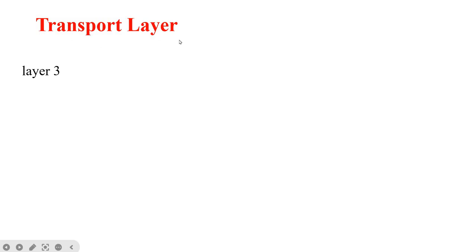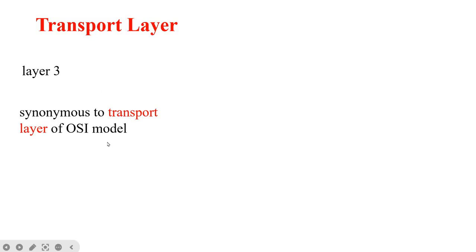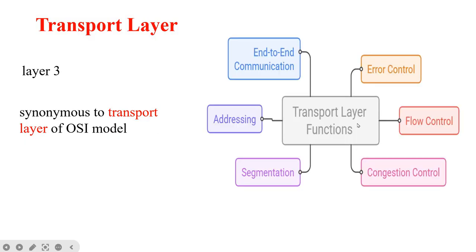The next layer is the third layer, the transport layer. It is layer 3 of the TCP/IP protocol suite, synonymous with the transport layer of the OSI model. The functions of the transport layer are error control, flow control, congestion control, segmentation, addressing, and end-to-end communication. It is also independent of the underlying network.